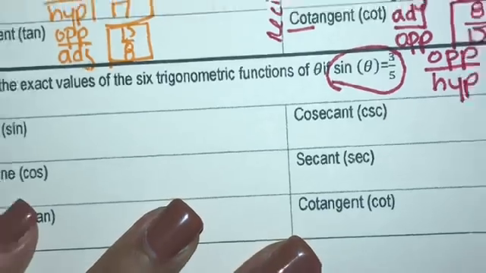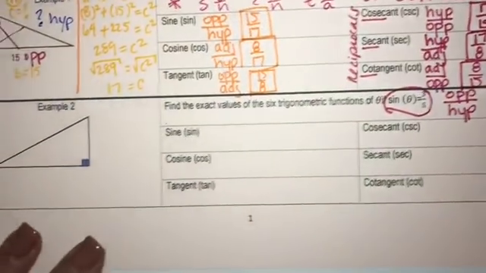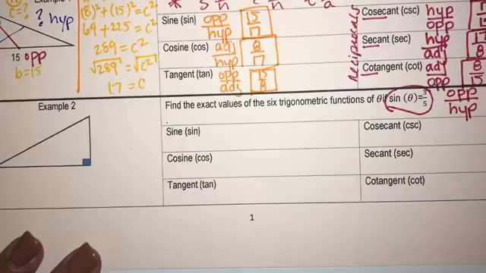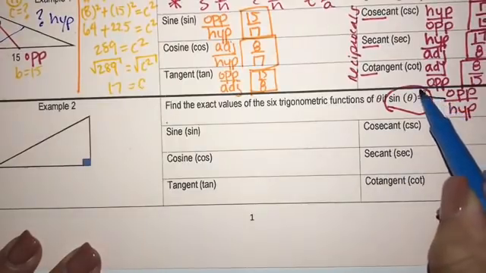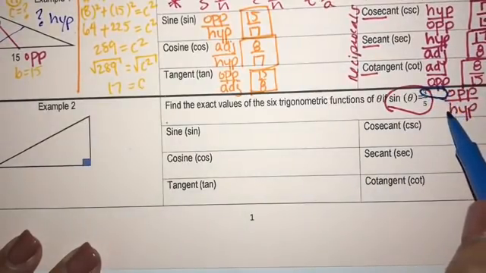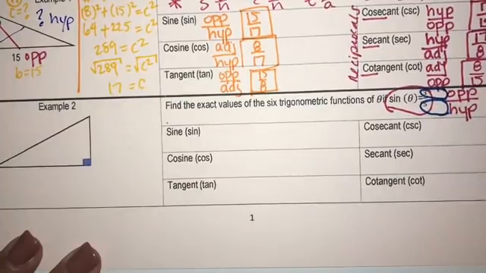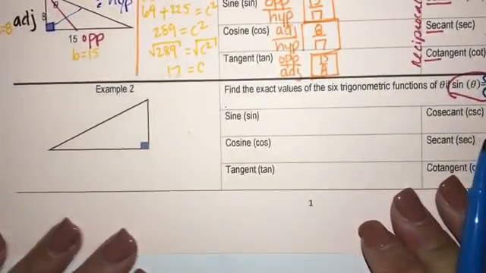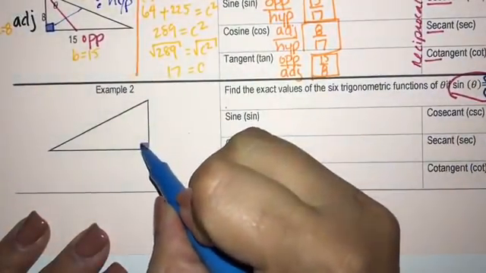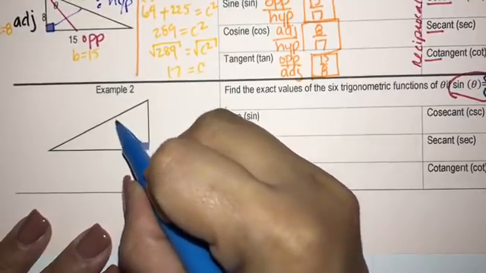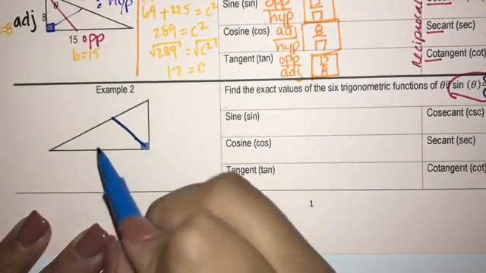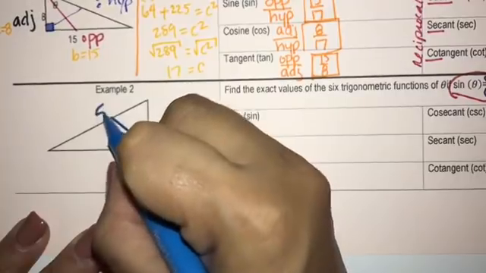So let's label our triangle. So you're saying that opposite is 3 and hypotenuse is 5. Whatever is across from the right angle is going to be the hypotenuse. This is 5.